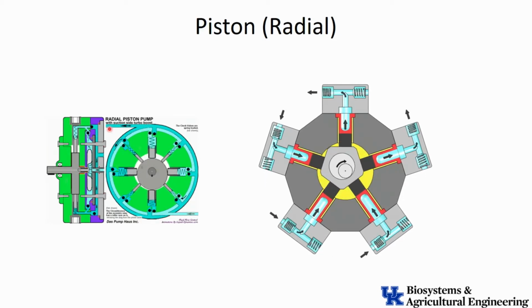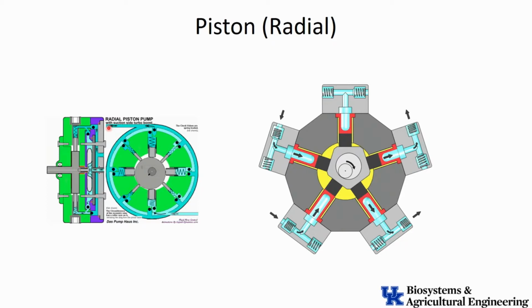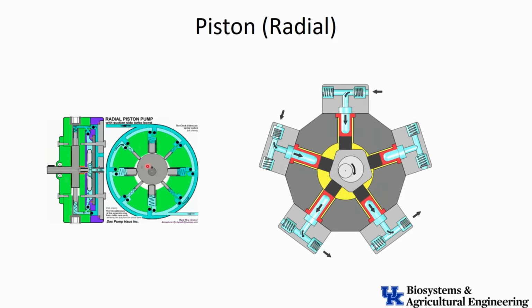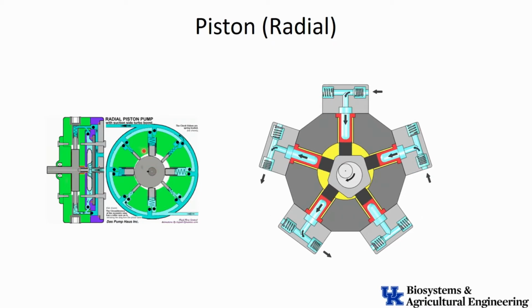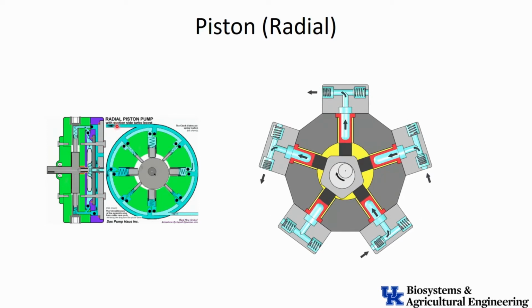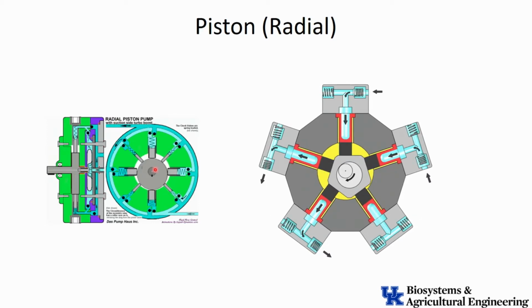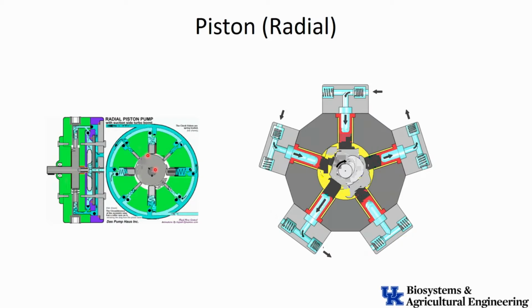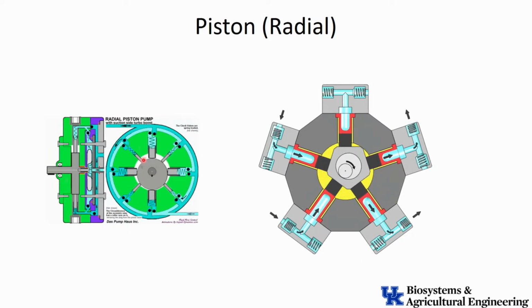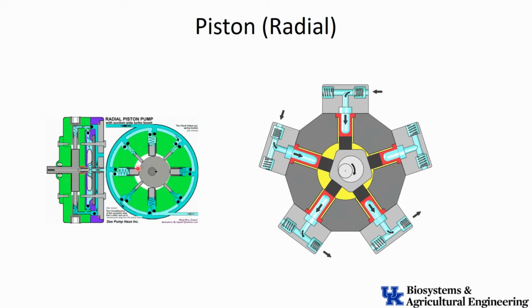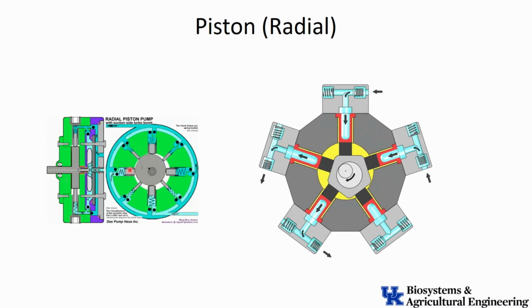But if I have that output ported, the input here, if the downstream pressure gets really, really high, that's going to make the inside go to high pressure. And eventually the pressure will get high enough that it'll start pushing out on these pistons.